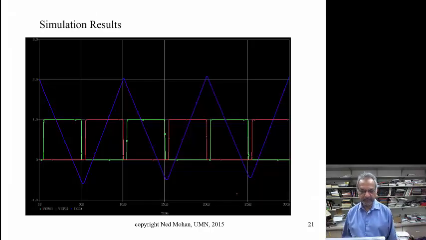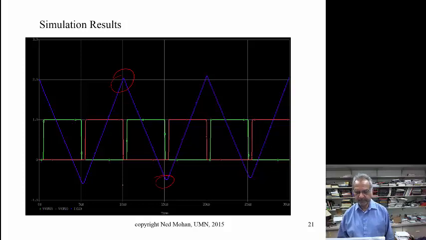And the waveforms you can see here are the two gate voltages in green and red, and then what is happening to the current in the inductor. One of the transitions is happening at the positive peak of the inductor current, and the other transition is happening at the peak of the negative inductor current.